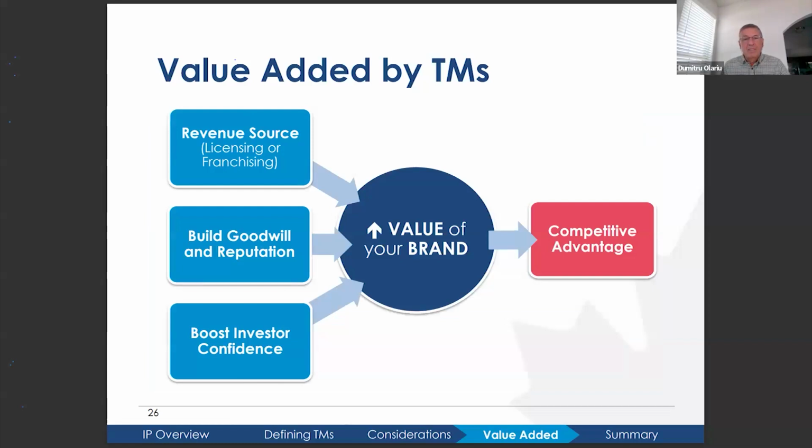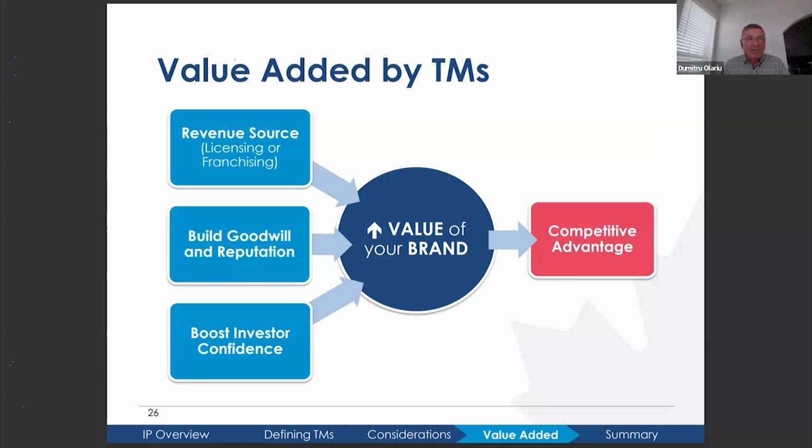So the value consists first in the fact that you can have a source of revenue by licensing and franchising the trademark. You may also increase the value of your trademark by building over time the goodwill and the reputation of that particular trademark. So that's how you contribute to the value of the brand.